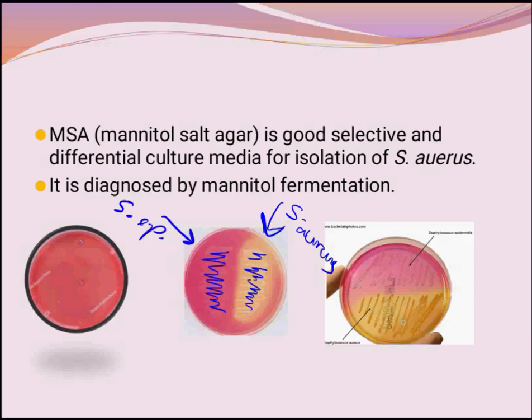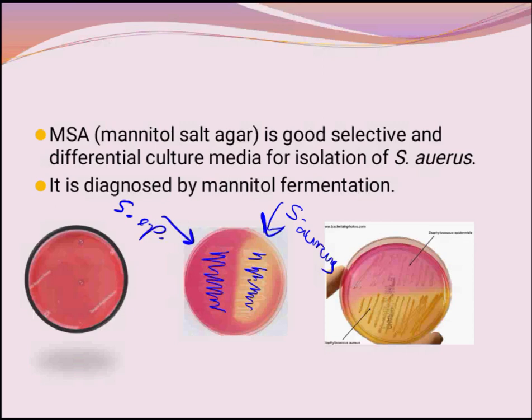This is another picture of mannitol salt agar. We see here the growth of the microorganism without changing the color of the medium, which means this is Staphylococcus epidermidis. While in this half of the plate, there is growth and there is color change at the same time, which means the microorganism is a mannitol fermenter and it is Staphylococcus aureus.